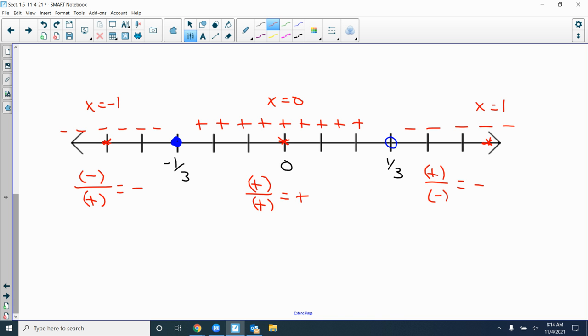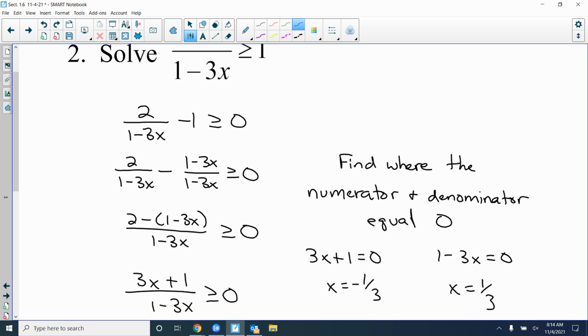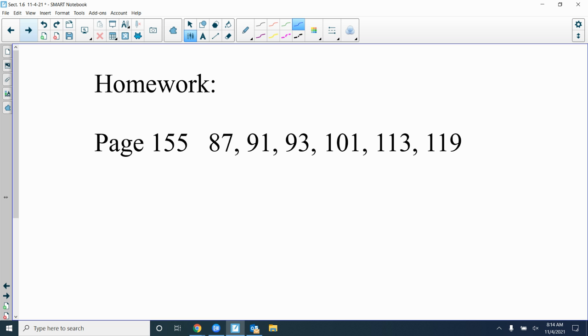So x exists in the interval from bracket negative 1/3 to 1/3 parenthesis. Not a lot of options. Well, actually, there's still an infinite number of options, but it doesn't feel like a lot. Watch the rational ones. I'm telling you, these are the hard ones, because you're going to want to just multiply and get rid of the denominator. It will not work in this case.